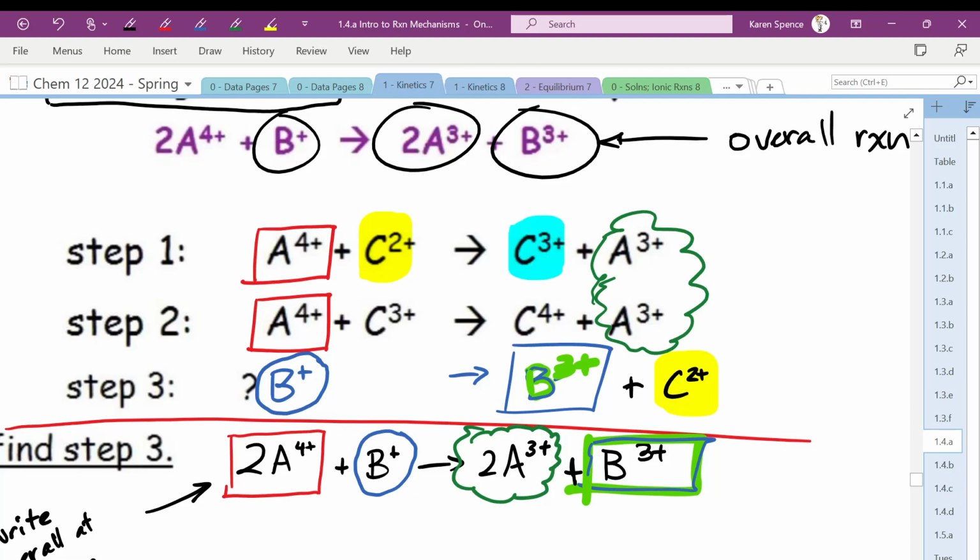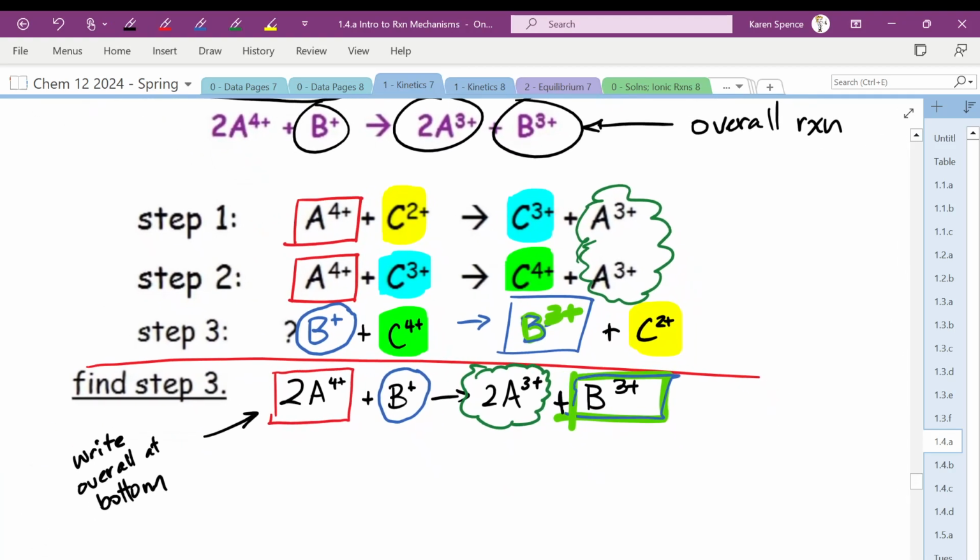Does C3 plus cancel out? Oh, yes, it does. So do I need to do anything with C3 plus? No, because it's going to cancel already. And finally, how about C4 plus? Oh, it doesn't cancel out, so I need to put it over here so that it will cancel out. C4 plus. Okay, so that is how that works.